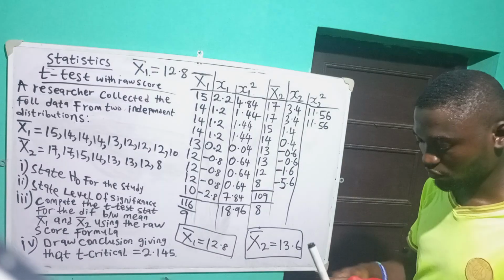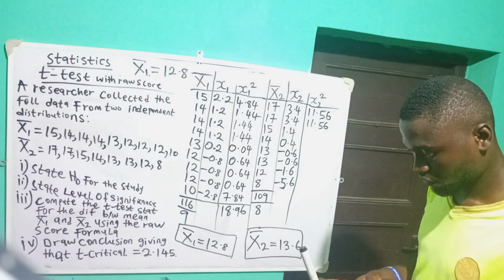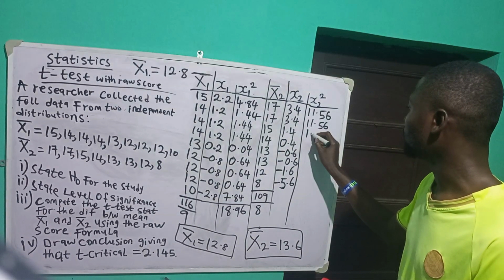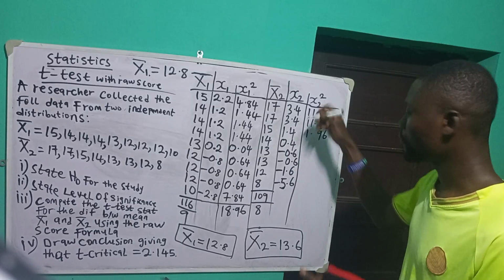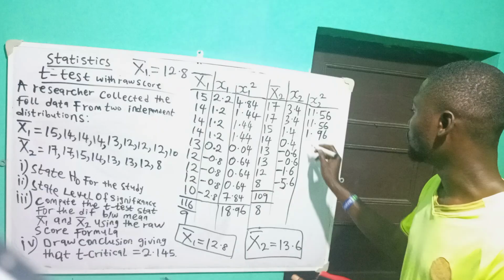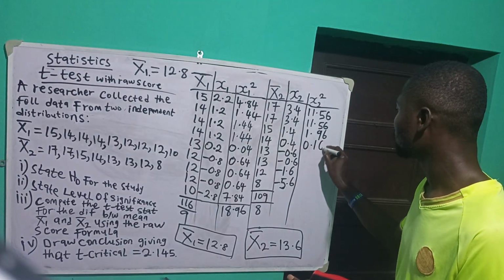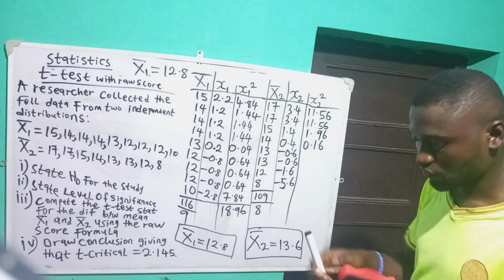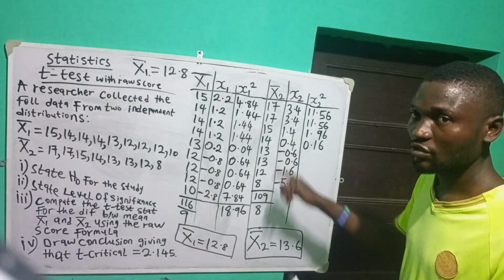1.4 raised to the power of 2 is 1.96. 0.4 raised to the power of 2 is 0.16. 0.6 raised to the power of 2. Negative sign goes away, remember?